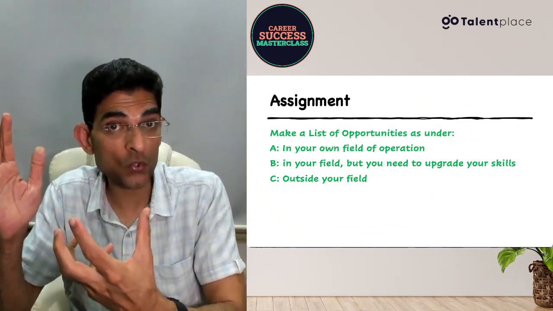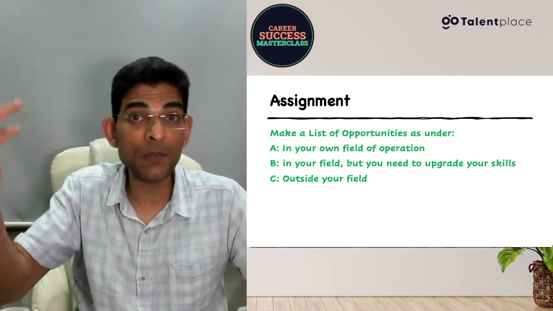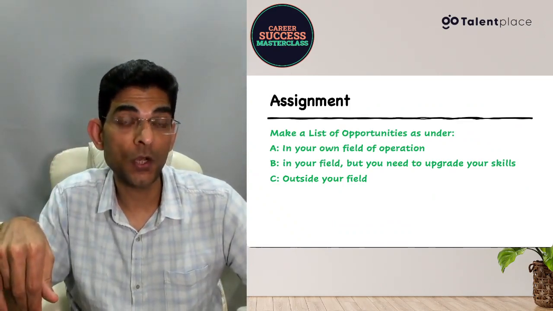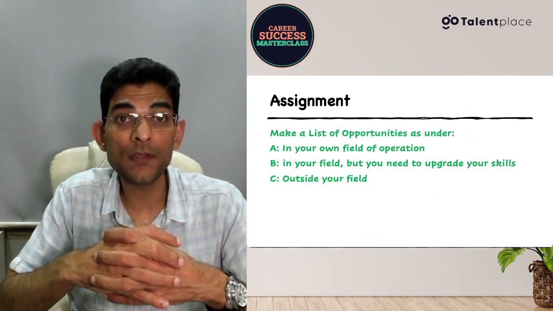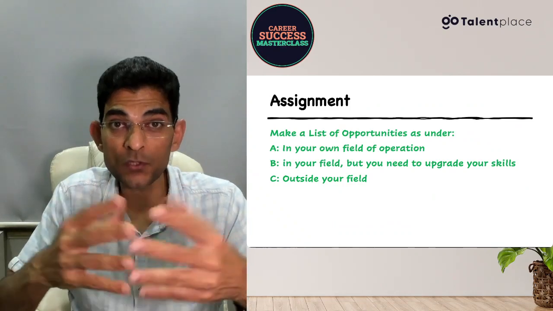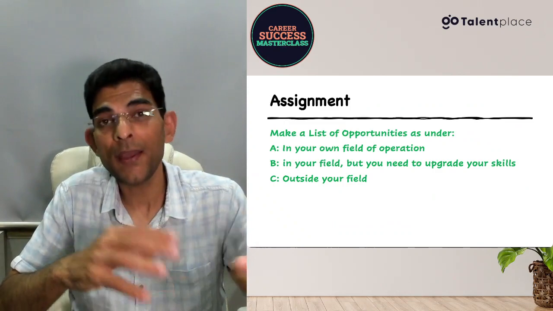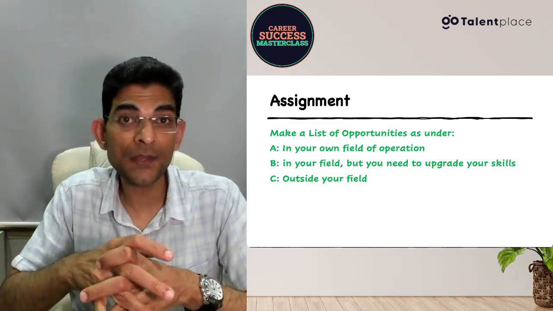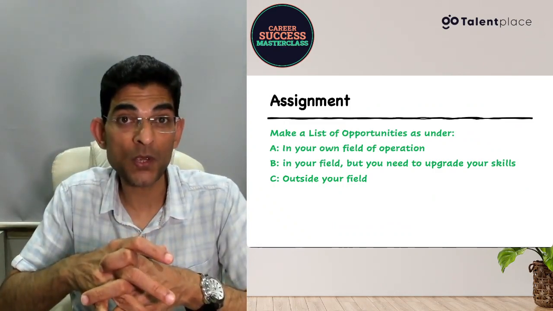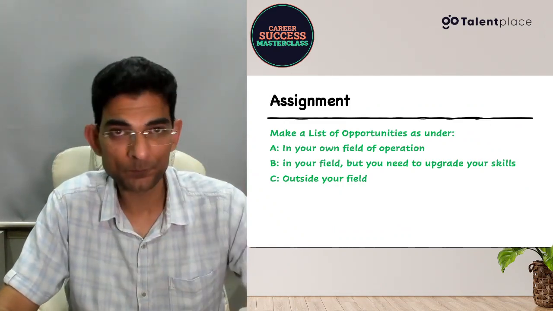If I do this course, or if I do a certain kind of certification, then I'll be able to tap that opportunity. Or as I said, that if you want to audit the companies in US, you need to do US CPA. So why not? Okay, I'm already a chartered accountant in India. I can do US CPA, and then I can get that whole lot of business from US. Okay, so think about that. So that will come in list B.